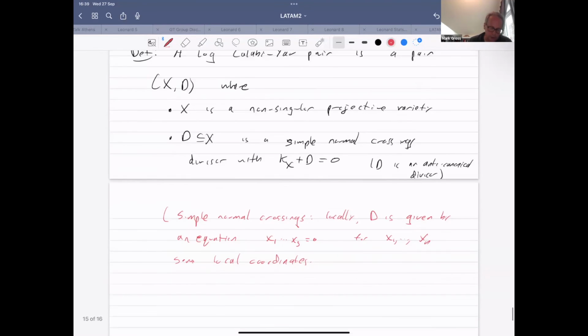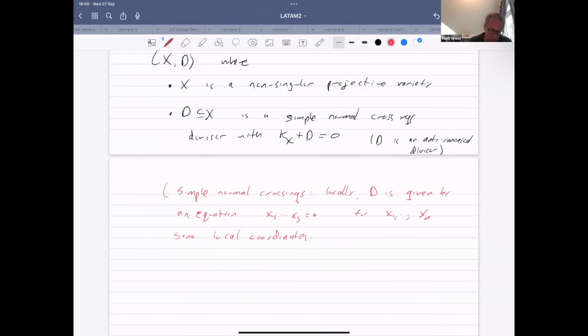So in particular, D in general could be reducible, but for example in 2 dimensions, you'll just have nodes in D. You'll have something like that. Okay, so that's what simple normal crossings is.